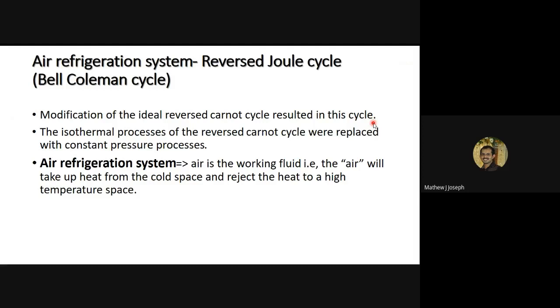Why? Because in the Carnot cycle, we have two isothermal, or constant temperature, processes. If we practically implement a constant temperature process, it will be a very slow process. The other two processes in the Carnot cycle are reversible adiabatic, or isentropic, processes, which if practically implemented would have to be completed very fast.